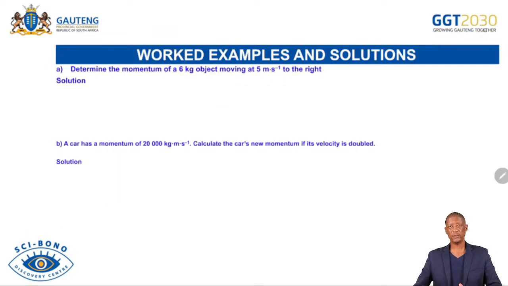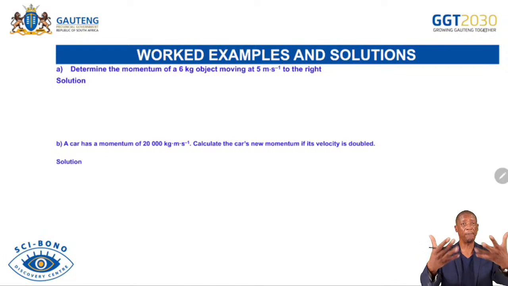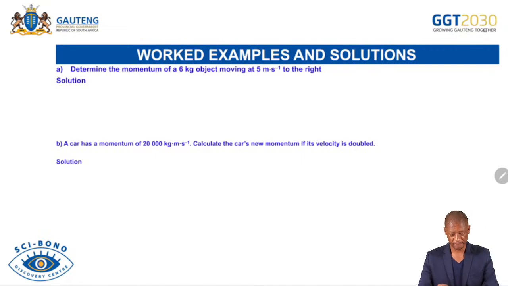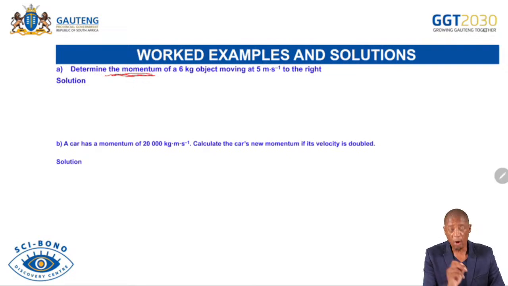Now, let's go to the worked example. We want now to apply what we have learned in terms of momentum. Now, it says to us, determine the momentum. That is the first thing that we are told to do. Of what?